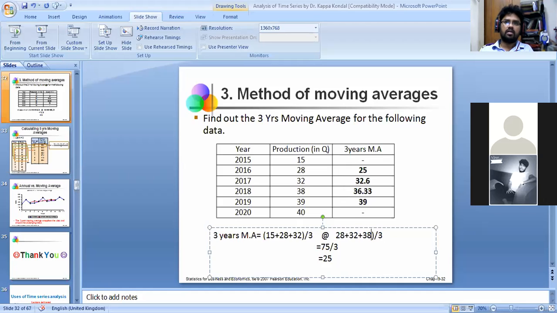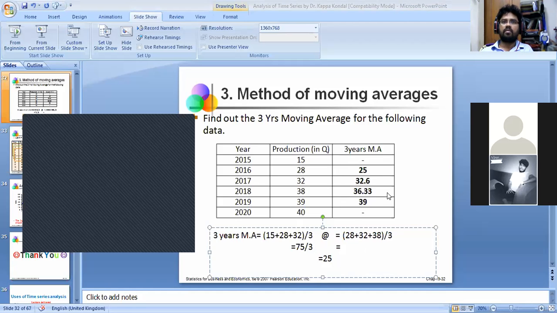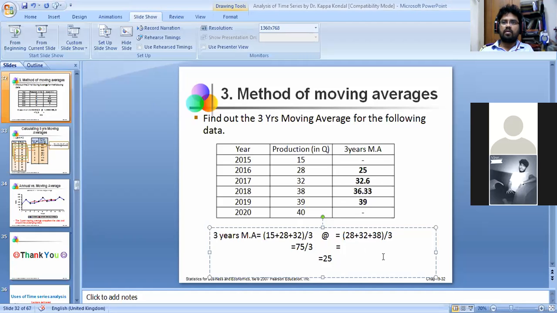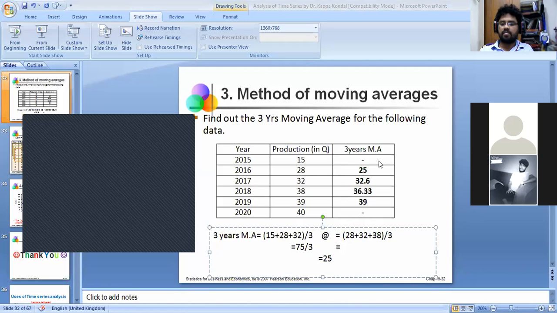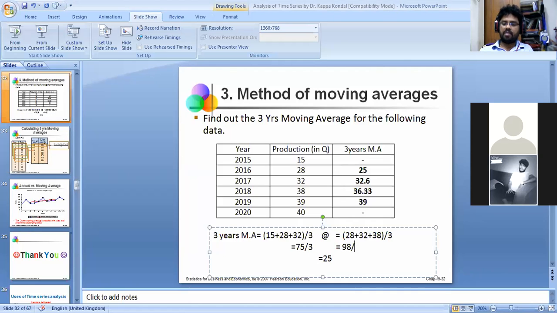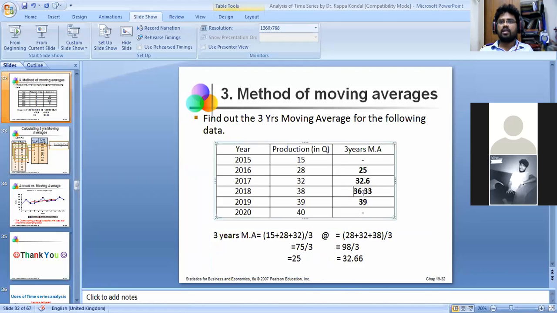So 28 plus 32 is 60, plus 38 is 98, and 98 by 3, you will get 32.6. Okay. So like this, we got these values.